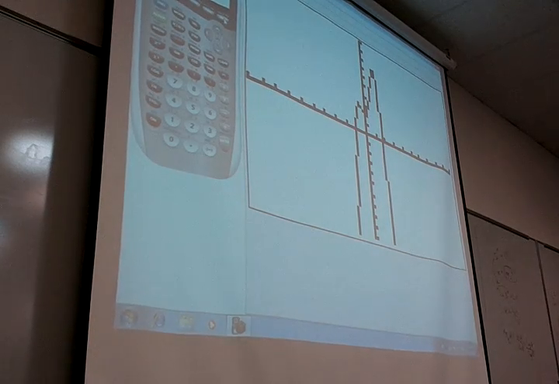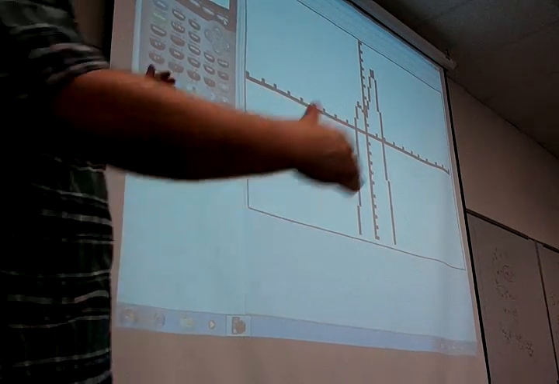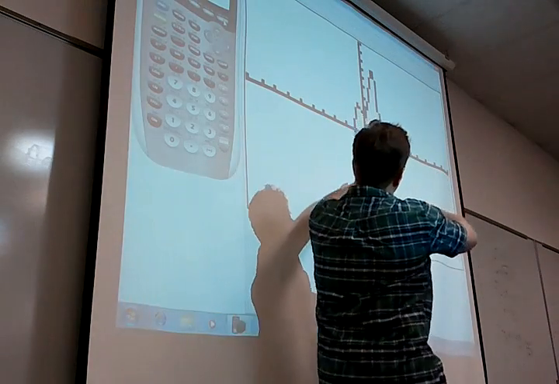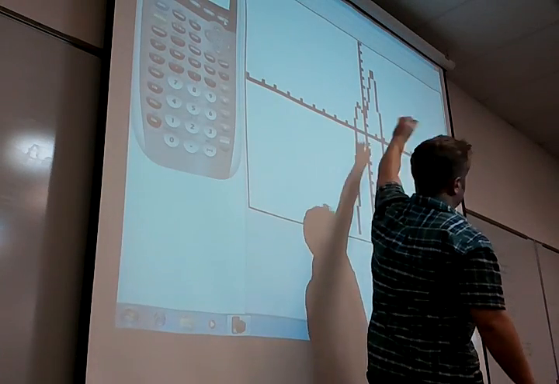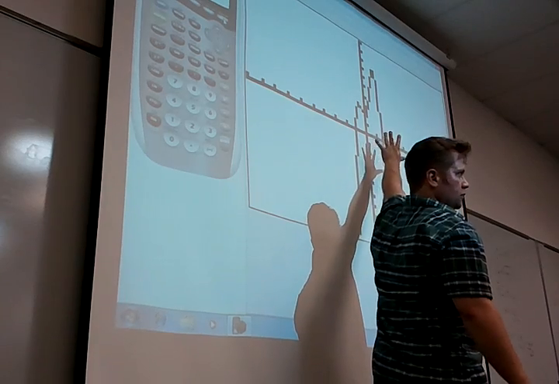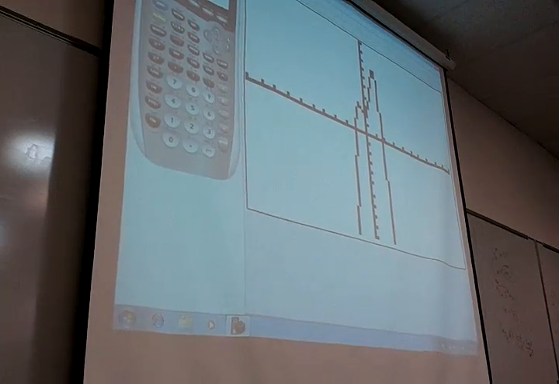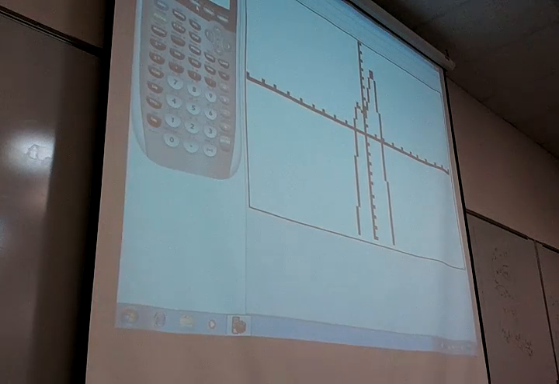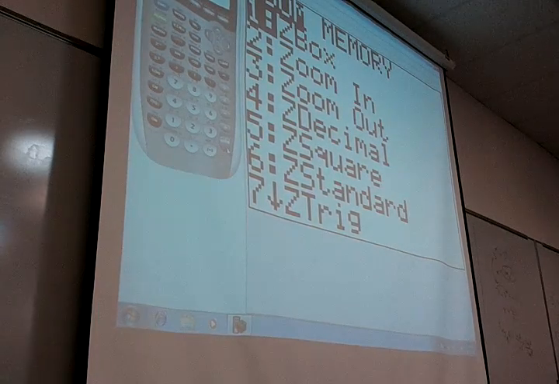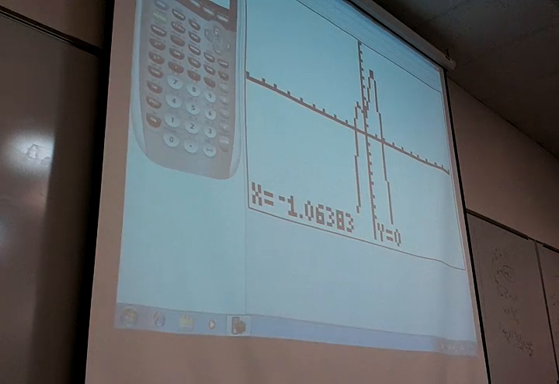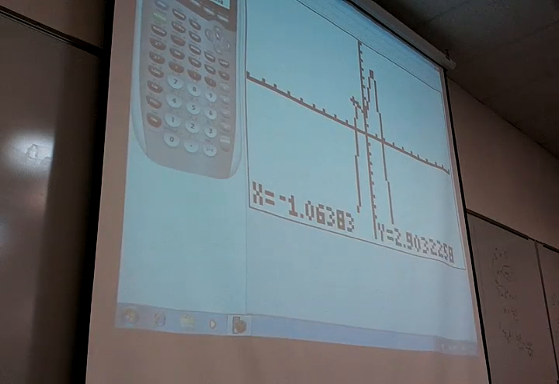Now you don't have to do this next thing, but I always do. See how narrow this thing is? And all the interesting stuff is happening right there. So what do you think I'm going to use? Zoom box. You don't have to, but I recommend it. So zoom box, and move your cursor.